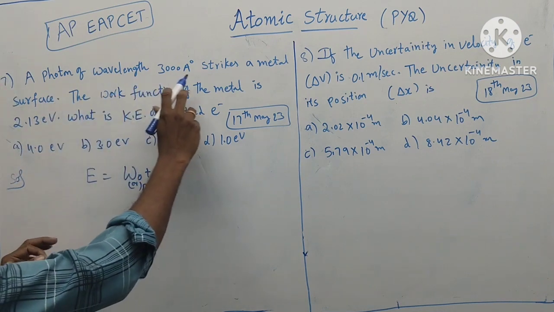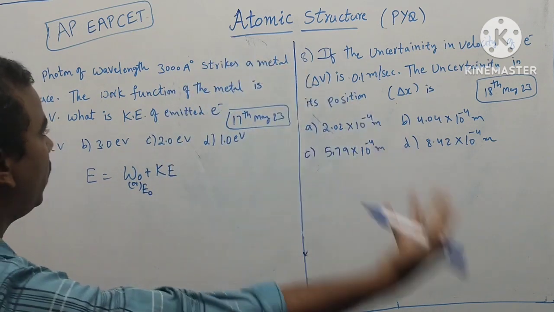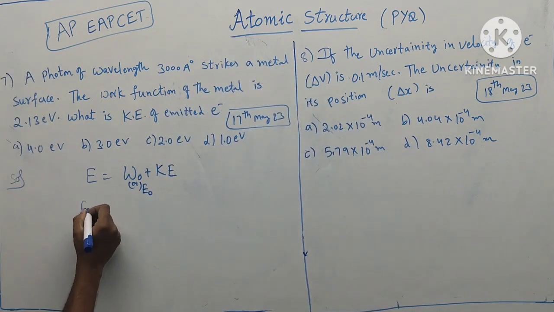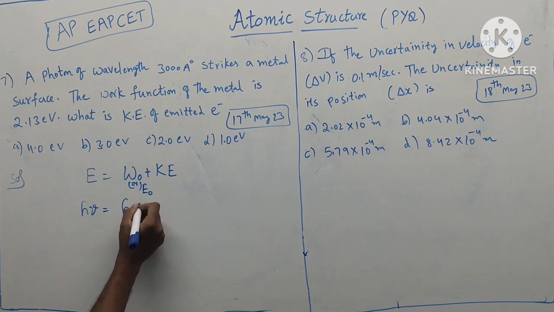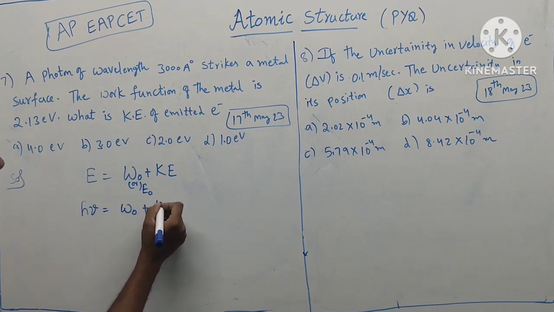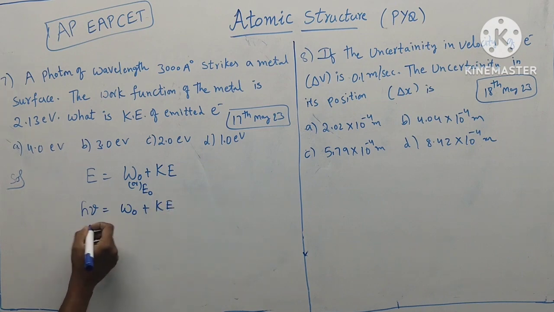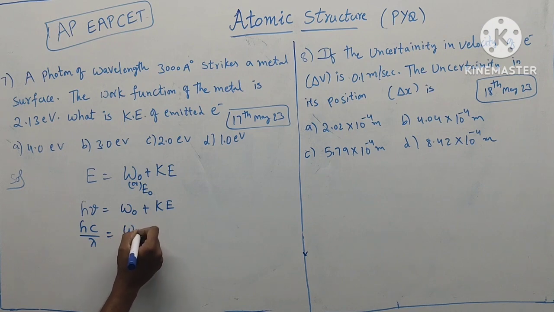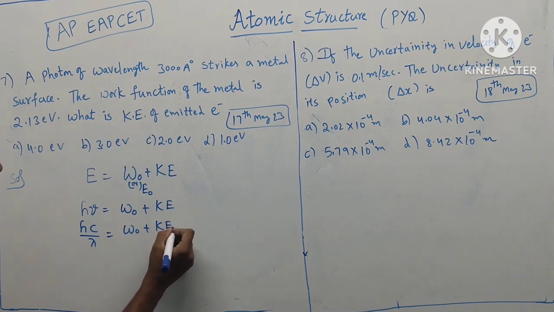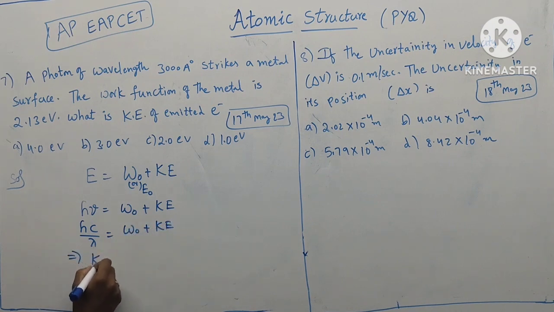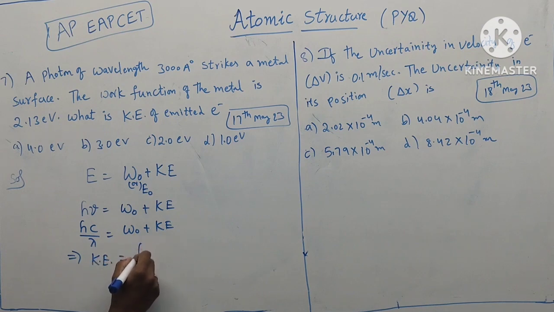So a photon of wavelength 3000 angstroms strikes a metal. E is equal to h mu, otherwise W naught plus KE. h mu means hc by lambda is equal to W naught plus KE. So we want kinetic energy. Kinetic energy is equal to hc by lambda minus W naught.